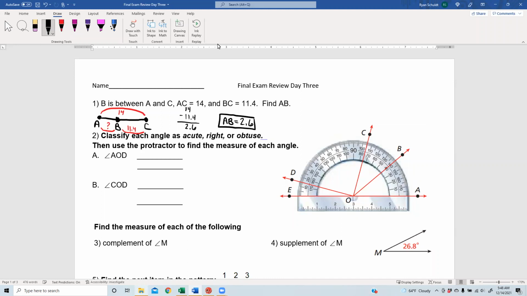Number 2, classify each angle as acute, right, or obtuse. Then use the protractor to find the measure of each angle. Okay, so the first one, they ask us about AOD. That one is clearly obtuse.